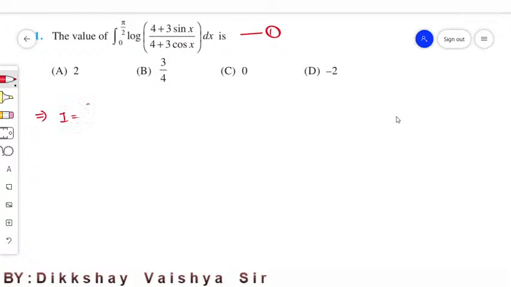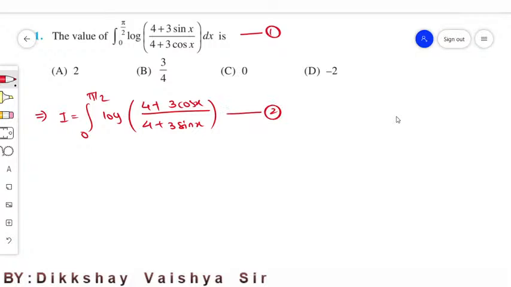I is equal to integral 0 to pi by 2 log of 4 plus 3 cos x upon 4 plus 3 sin x, after applying the property. So now what is next? 1 plus 2, this will be 2I.